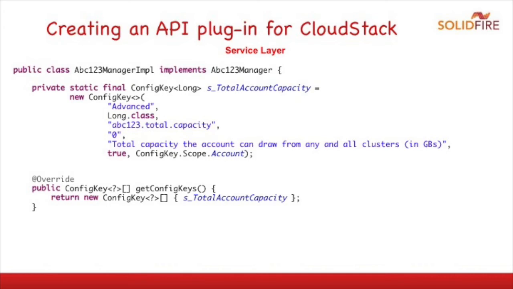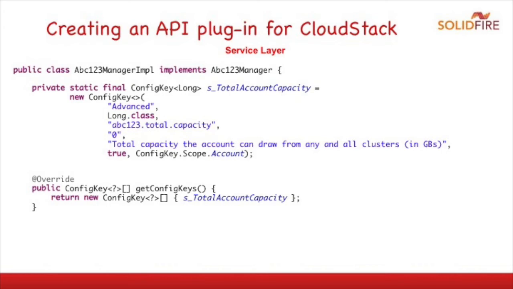If you look below that, the default value is actually 0, which effectively means that even though end users can see this functionality through the GUI plugin, unless the account they're a part of has been given some number of bytes and some performance from the SAN, they can't actually use it yet. So this is the way I control who has access to really use my plugin, and it's just done through an account setting.